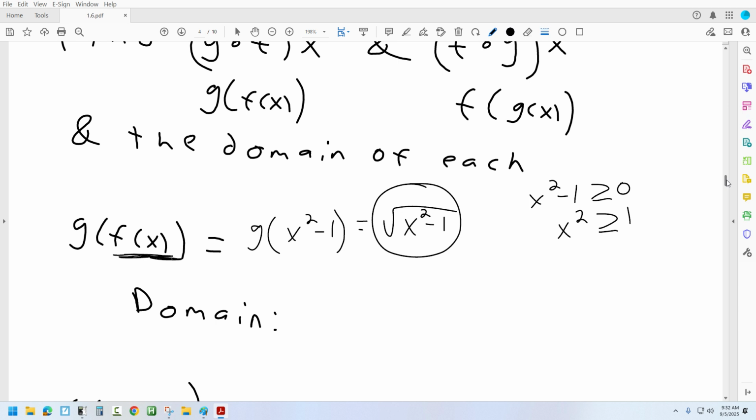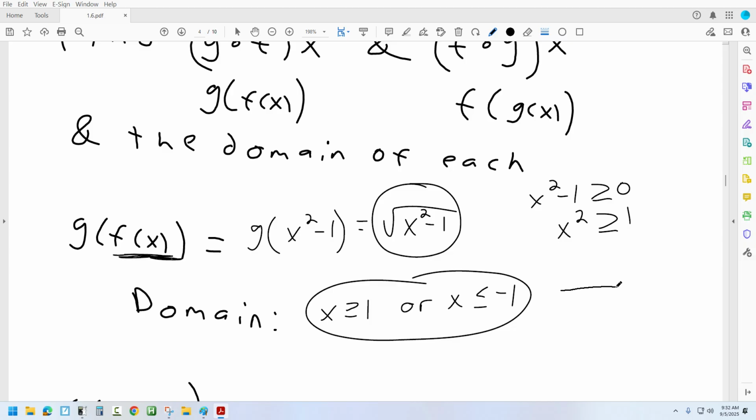X would be greater than or equal to 1? Okay, that's part of it. So you could pick a value greater than or equal to 1, and if you square it, it will come out greater than or equal to 1. What else? Less than or equal to negative 1? Yes.